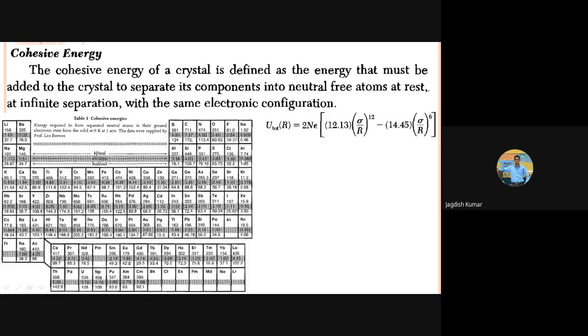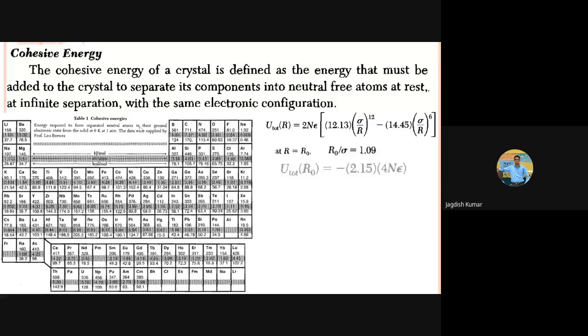For argon it increases, 0.02, 0.08, almost like 4 times, because if you substitute those values, the values come out to be correct. 0.116, 0.16, and so on. So that is how we can understand cohesive energies of inert gas crystals.